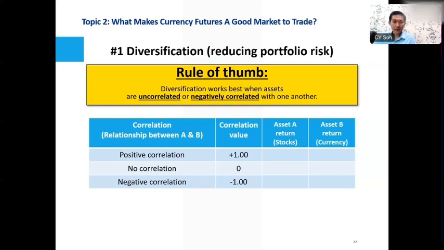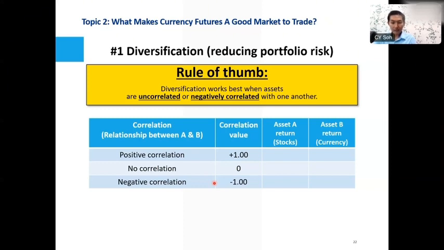The first thing is that when we look at correlation, the maximum value is +1, and the lowest point is -1. The figure can go from +1 towards 0 or towards -1.